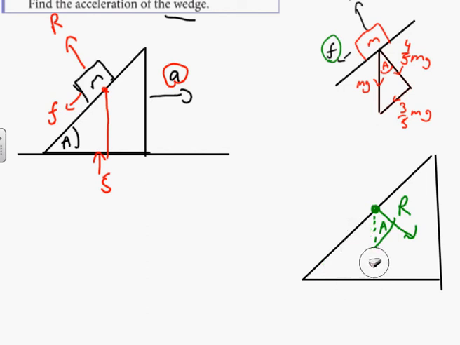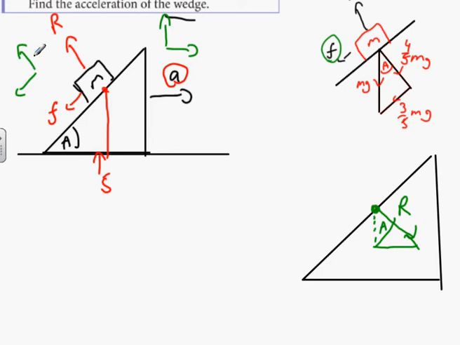Now we're going to resolve R into components, because the wedge's acceleration is going directly to the right, yeah? All forces for the wedge must be resolved straight up and straight across. Because the particle is going down in this direction here, all forces must be resolved either perpendicular to that or parallel to that.